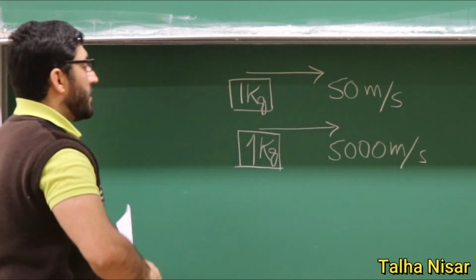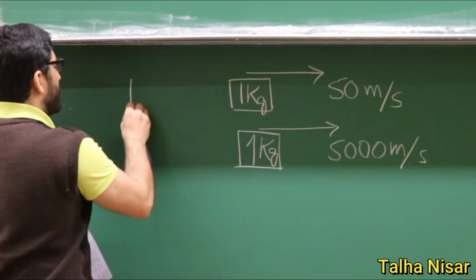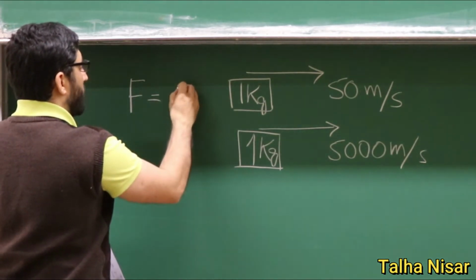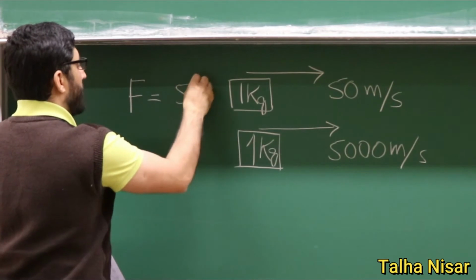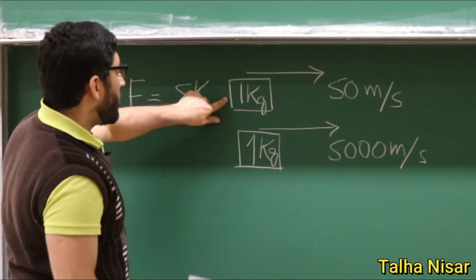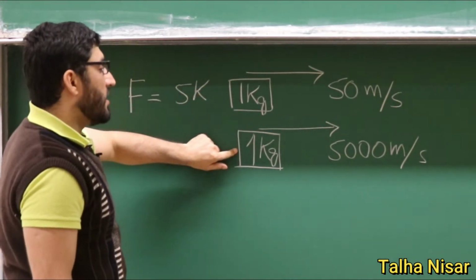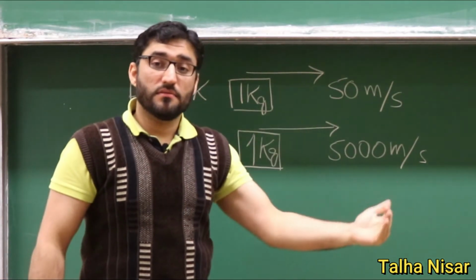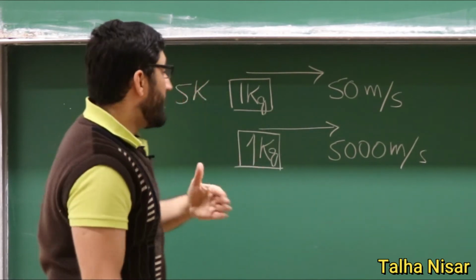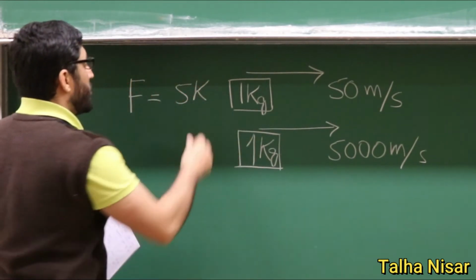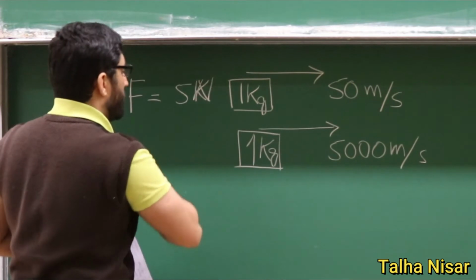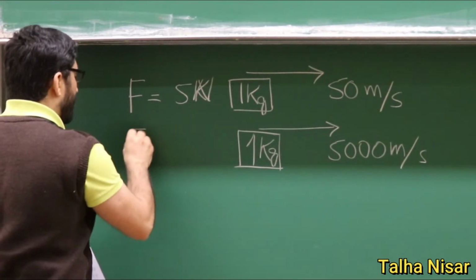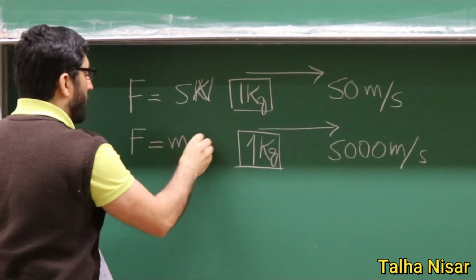If we apply a 5 Newton force on this object, and also on this object, the force will not care how fast the object is moving. It will just cause the acceleration according to Newton's second law of motion.